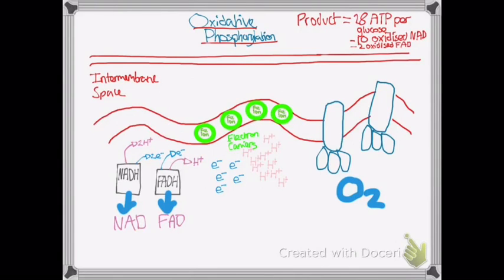Okay, now what we're doing with these electrons and hydrogens that we've just released, we've got these ions, Fe would be Fe2 plus, in electron carrier proteins. So these are proteins with an iron heme group within them.